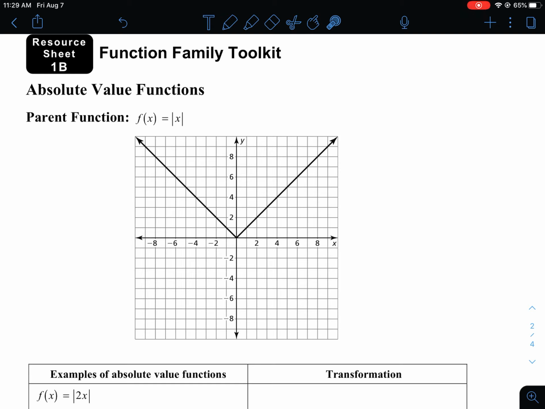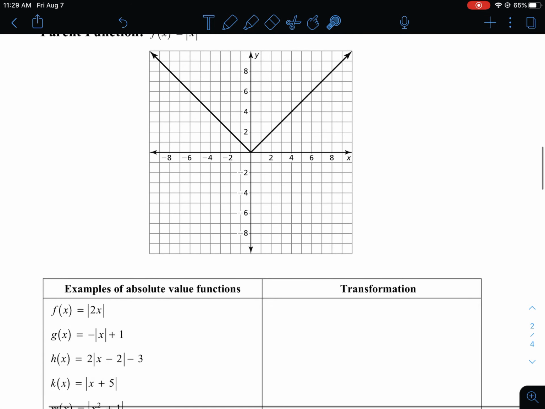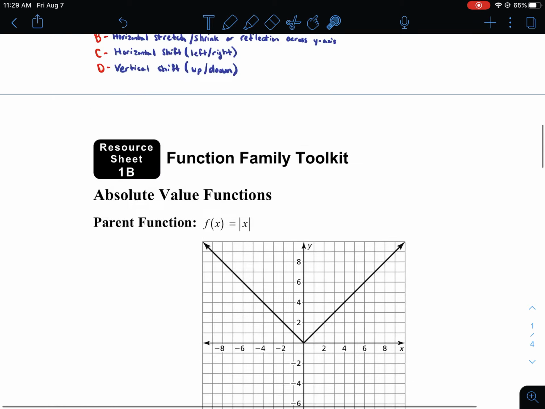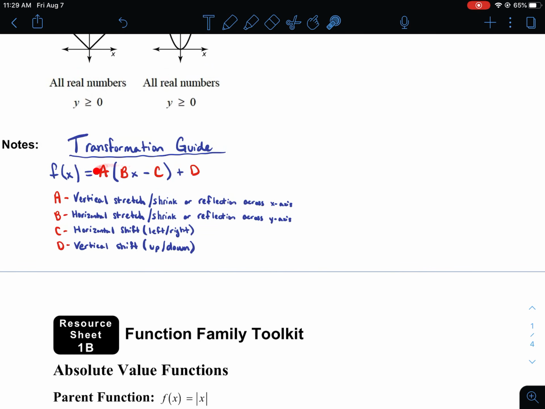Now, if we add things to it, we can make this graph move around, left, right, up, down. We can make it flip. We can make it stretch or shrink, all that. And so we're going to look at that. So what you need to be able to do is look at an equation and be able to pick out what letter did it change. Which one of these letters was adjusted, and then you can figure out what's going to happen to it.